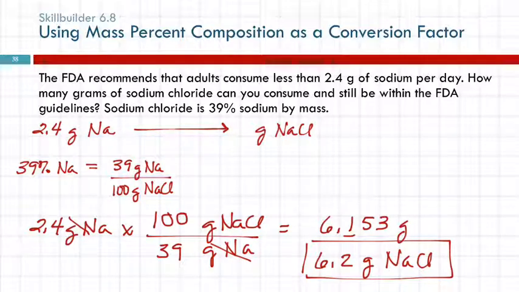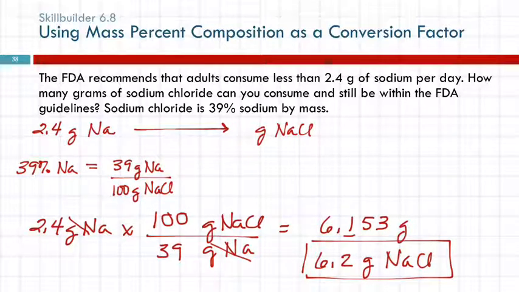It's kind of a shortcut in a way, but it really is what percent means. So if you think about 39 grams per 100 grams times 100 to make it a percentage, that's going to equal 39%. Does that make sense? Yeah. So anytime you're given a percentage, that's always a possibility.